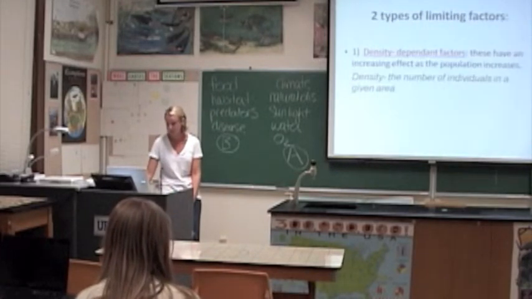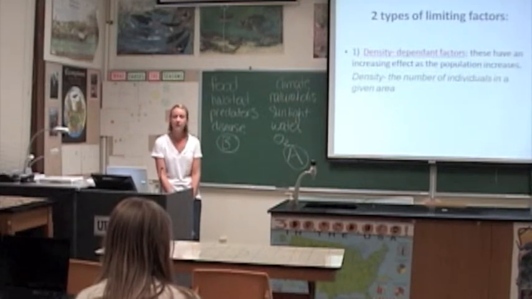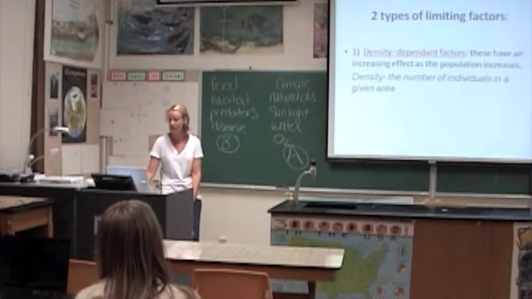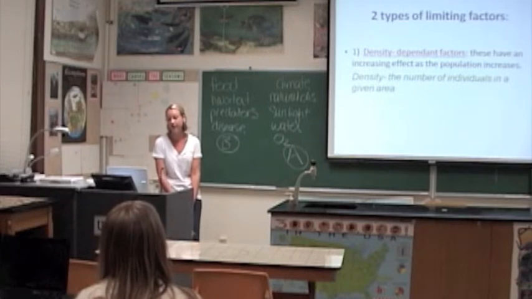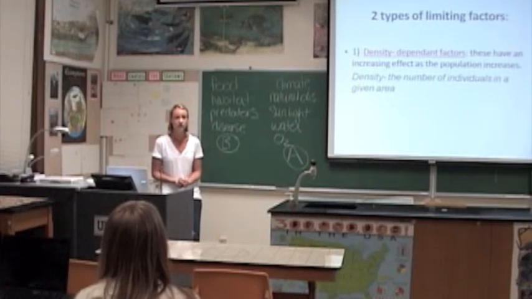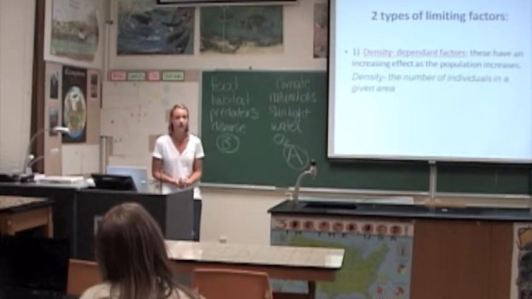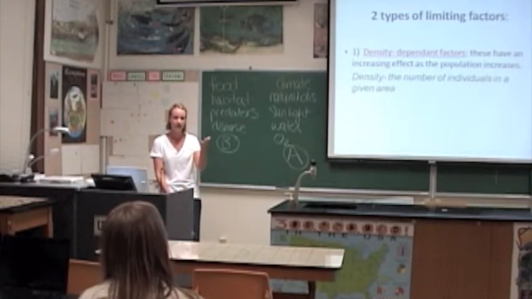So limiting factors, we have two types. Population density, which is how many organisms you're going to have in a given area, we will have our density-dependent factors. And going back to the example of our class as a forest and we're all bears, say there's 5 of us in here, and Aaron gets sick.